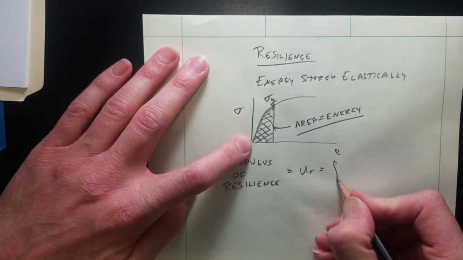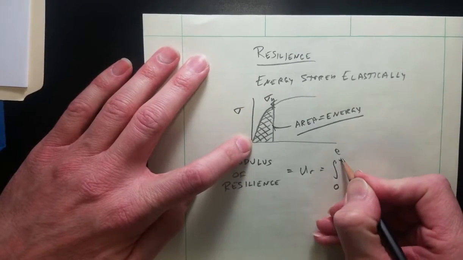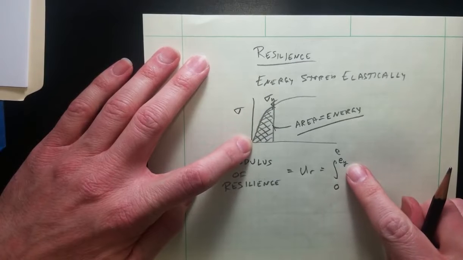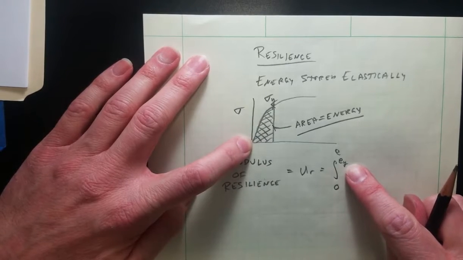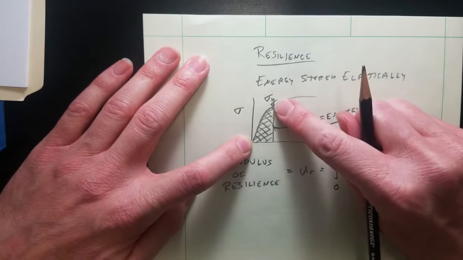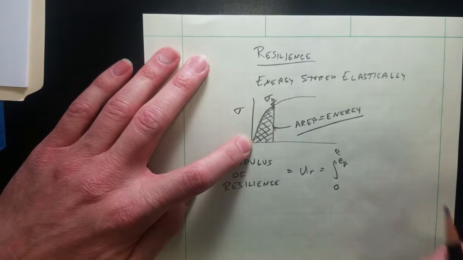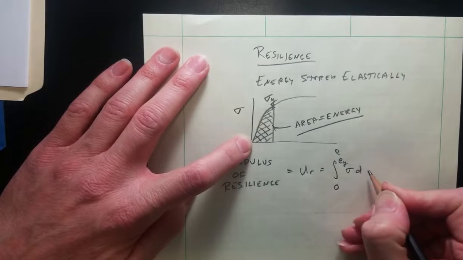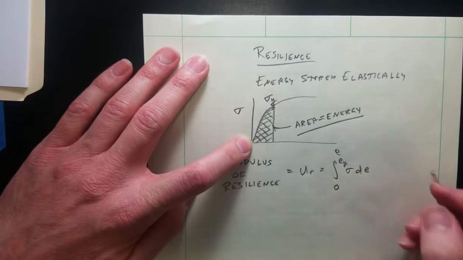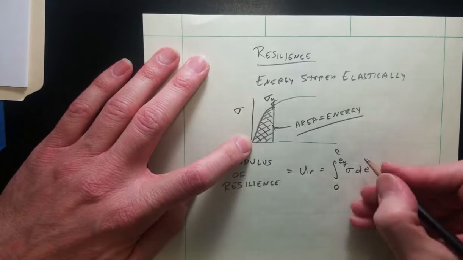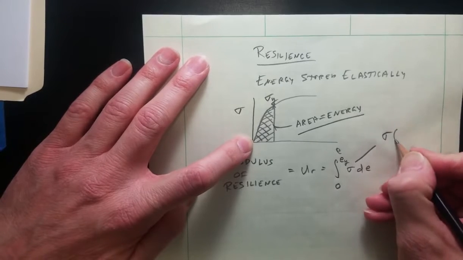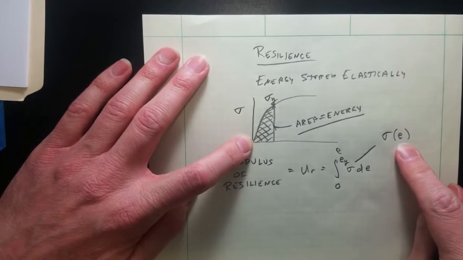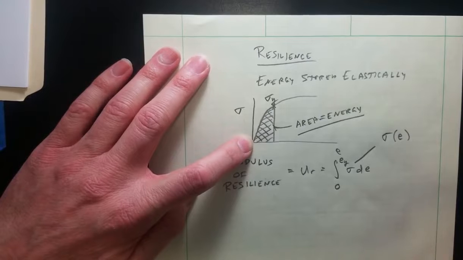So it's going to be the integral from 0 to the strain at the yield point, of sigma d epsilon. So here we're saying that the stress is a function of the strain.